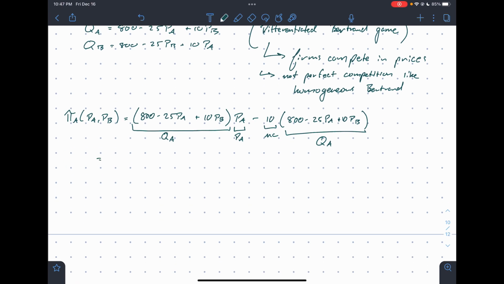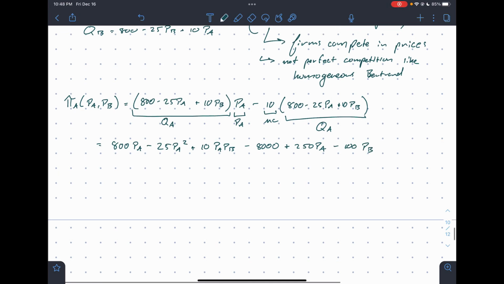I'm just going to write this out. I'm going to factor it. 800 PA minus 25 PA squared plus 10 PA PB minus 8,000 plus 250 PA minus 100 PB. Okay, so this is our profit function for firm A. I'm going to consolidate this.